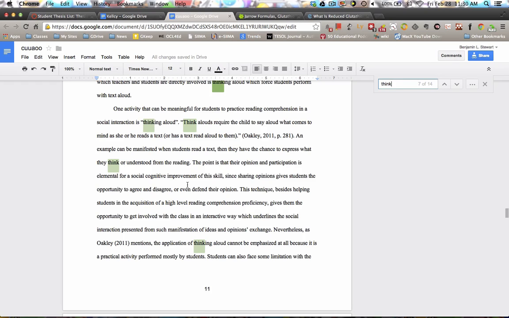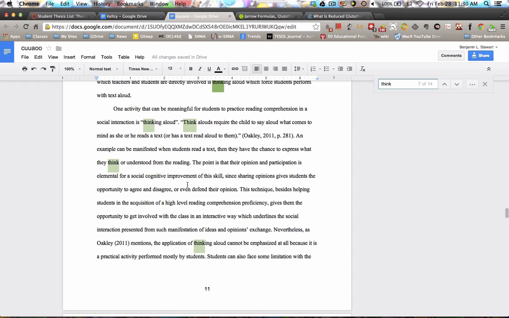If it's just an example to describe a cognitive strategy, okay. But if you start creating another section, or even one paragraph only about think alouds, then it gives the reader the impression that you're going to focus on think alouds in your research.